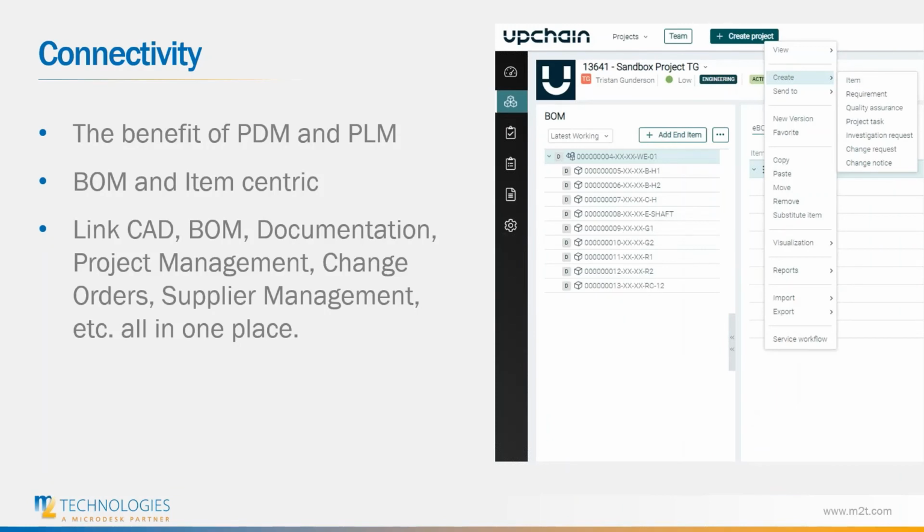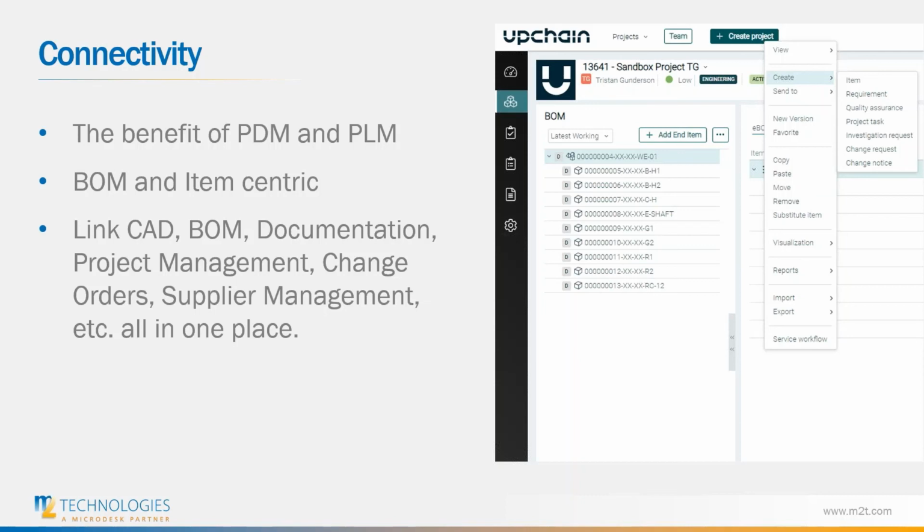Lastly, we're going to talk about connectivity. Connectivity is really the core to Upchain. It's the benefit of connecting the PDM and PLM. You're able to have multiple teams accessing the same information, be able to have teams outside of engineering be able to see the different models, be able to create markups, and communicate more effectively.